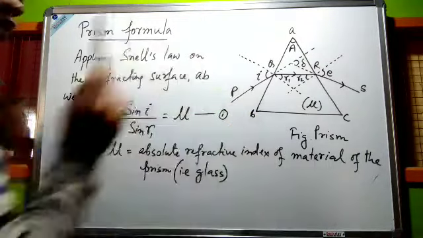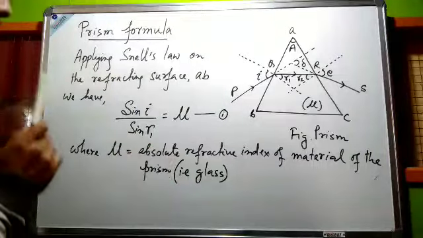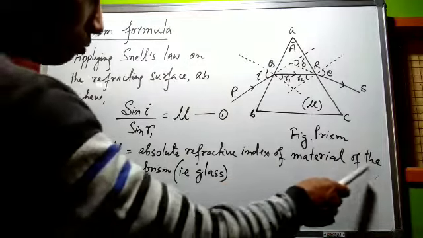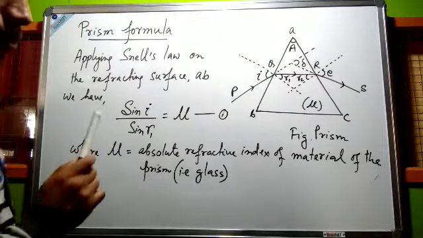Here mu represents the absolute refractive index of the material of the prism, that is glass.